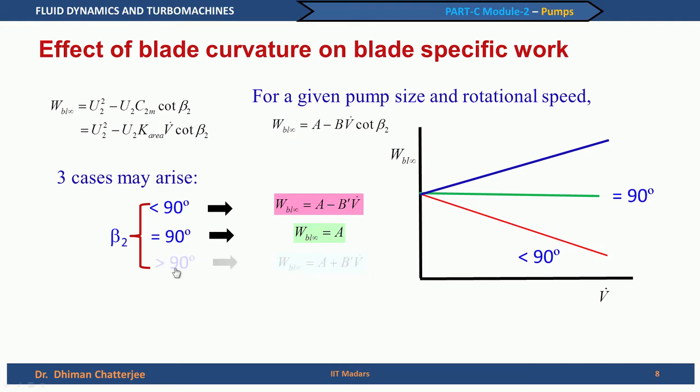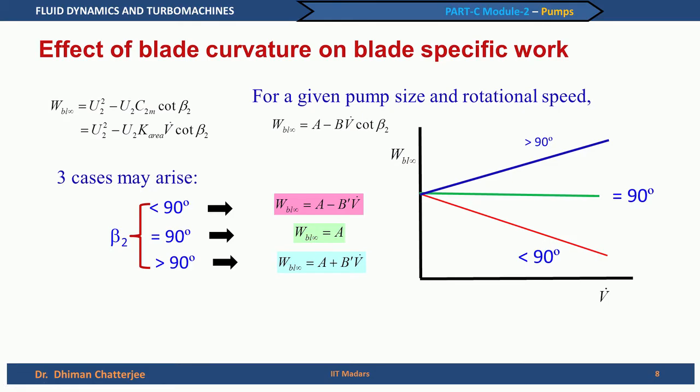We can also have beta 2 greater than 90 degree, for which cot beta 2 is negative. We have the minus sign here. So, minus B cot beta 2 can be written as plus B prime V dot, and hence we see that with increase of volume flow rate WBL infinity increases linearly.